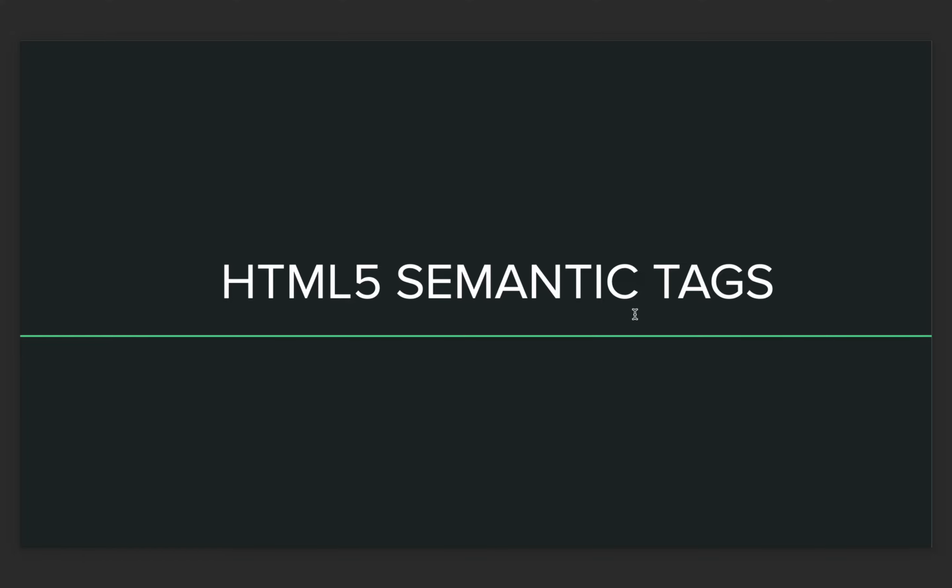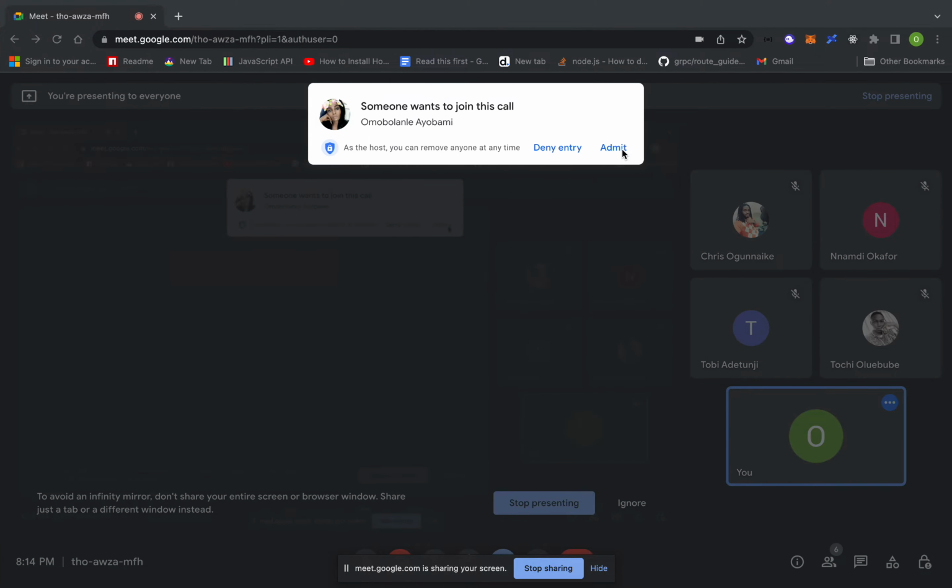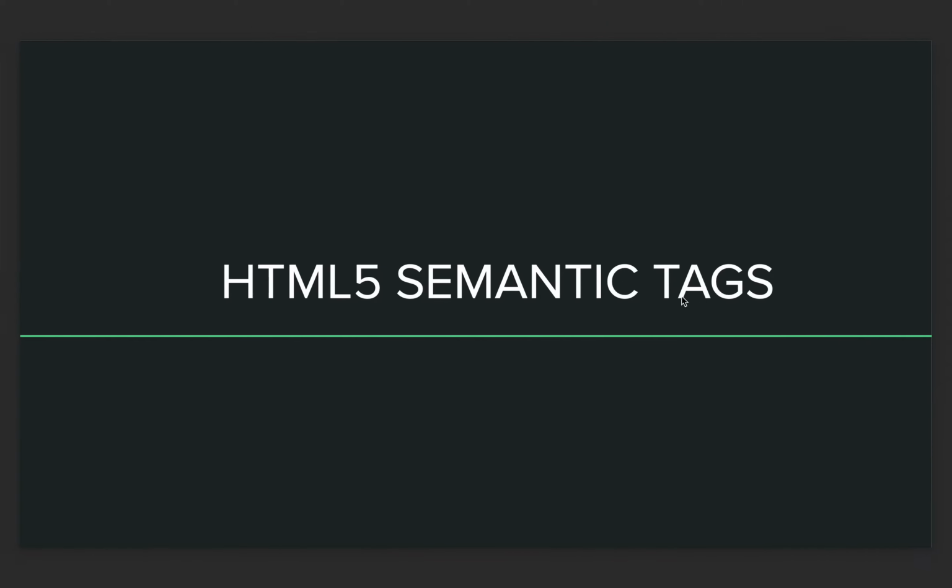I think there are so many, but the two most important benefits: one, HTML5 semantic tags help in code organization. Because a tag has meaning, it helps you in structuring your code. This tag identifies a certain block of code and gives meaning to its structure.